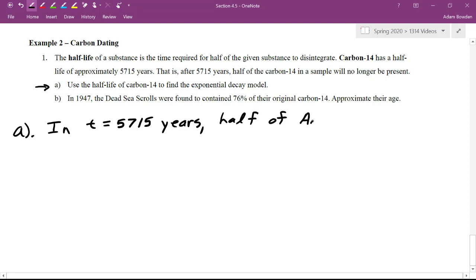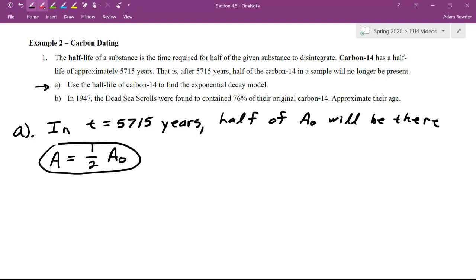So half of A naught will be there. The way to say that is A, the amount, is 1/2 of A naught. That's a way of saying the half of the original amount.